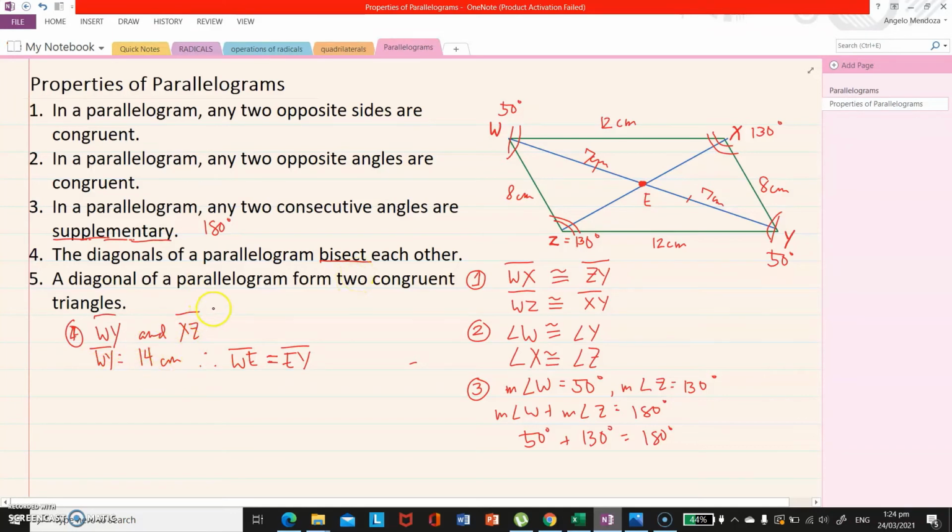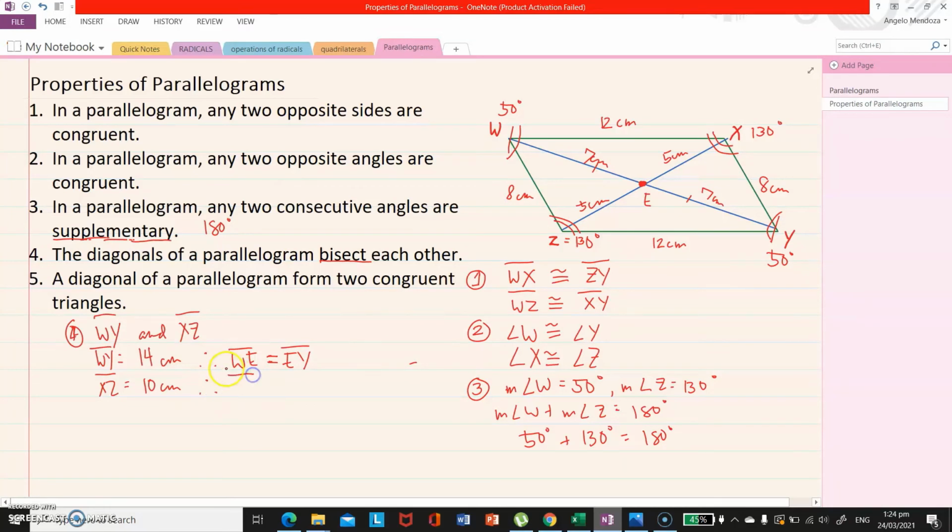So, the same with the other diagonal. Let's say diagonal XZ natin is, halimbawa is 10. So, this will be 5 centimeters, yung XE natin, and then yung ZE natin is also 5 centimeters.